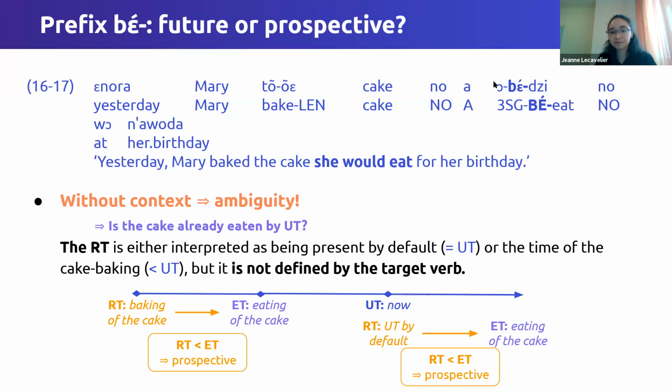So in that example, the B doesn't code anything with regard to the utterance time. It just codes that the event time happens after the reference time, which is within the sequence of tense.